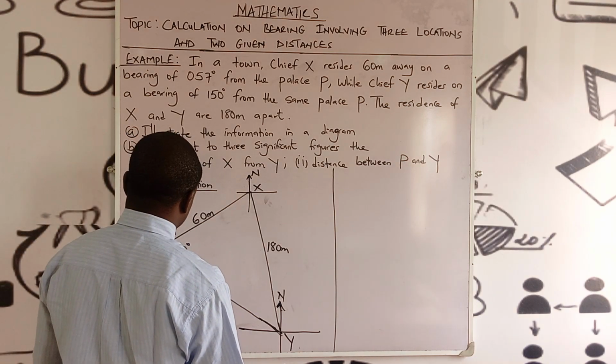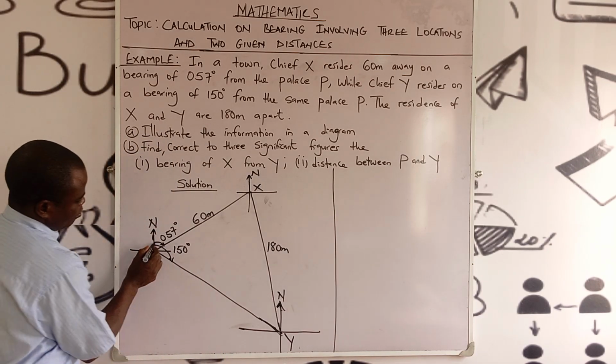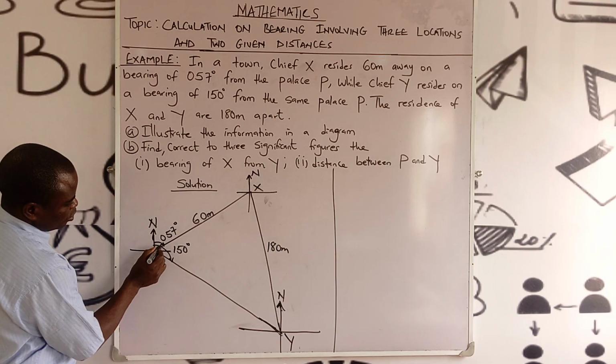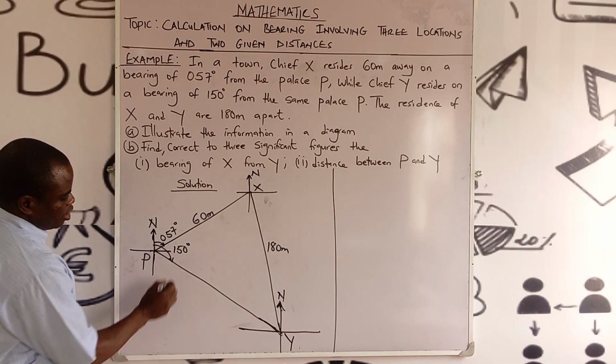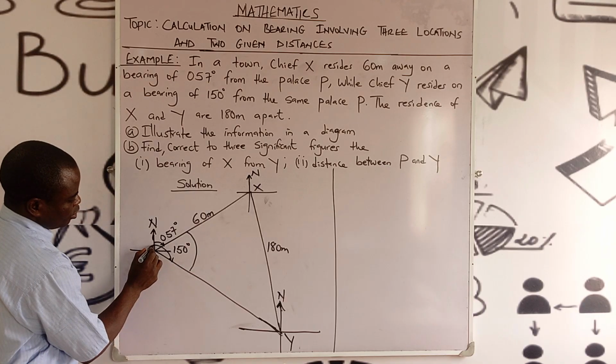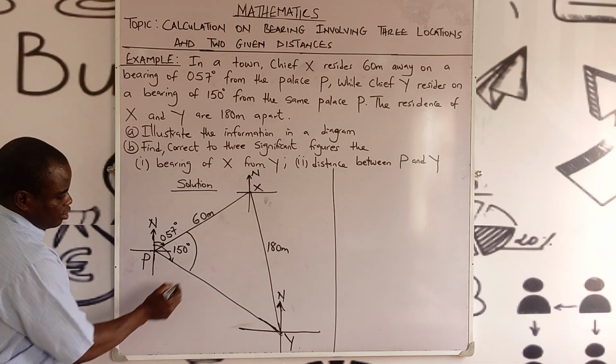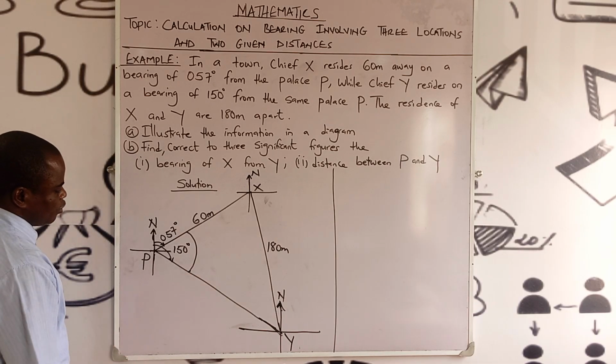Now, what do we need? You have to get some angles out. From this north to this line is 57 degrees. Now, what is this angle? For the whole from this north to this line PY is 150 degrees.